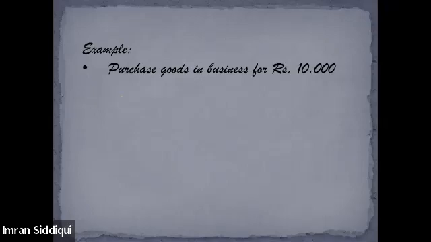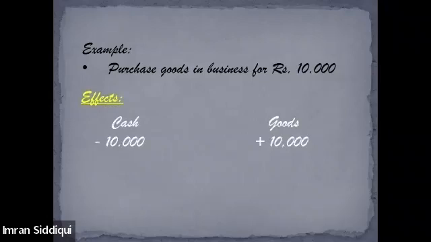The answer is, firstly, because we are purchasing goods, it will reduce the amount of cash by 10,000, and at the same time, it will also increase the goods for the company, right? So a reduction in cash of 10,000 means there is a reduction in the value of the asset by way of cash. On the other hand, there is an increase in the value of the goods, and I am sure everybody knows that goods fall under the category of asset, right?